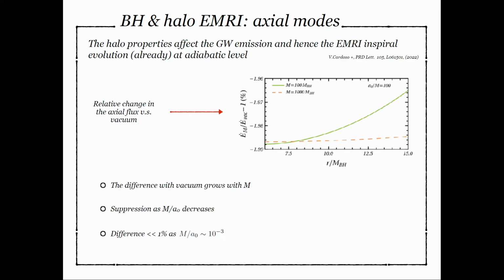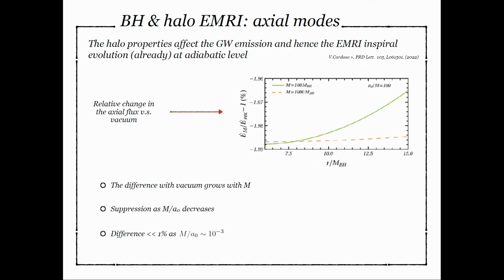All right, so how do the fluxes change? This is the relative percentage difference between the matter and the vacuum case. You take an extreme mass ratio inspiral, which means a system like 10^6 solar masses and 10 solar masses, and the light particle sits at different orbital radii, 10, 7.5, 12, whatever.